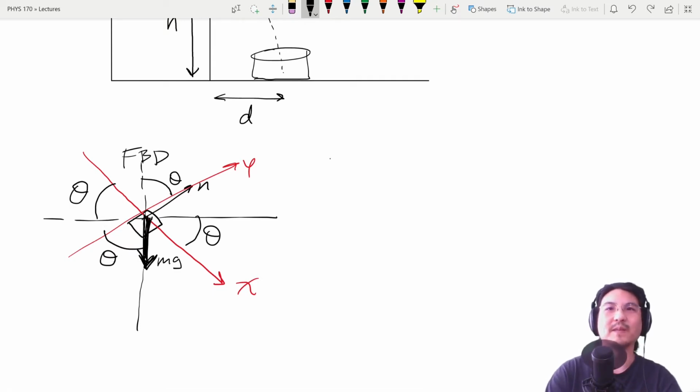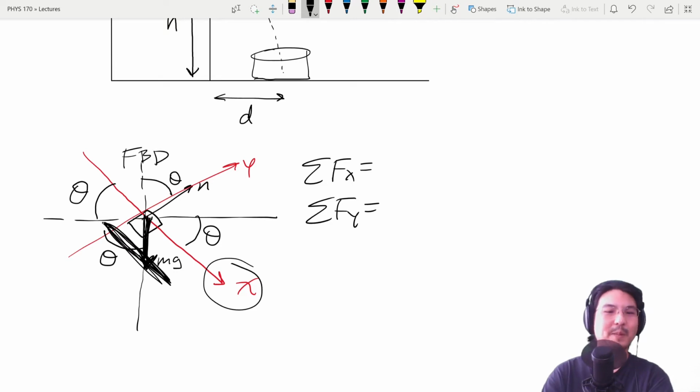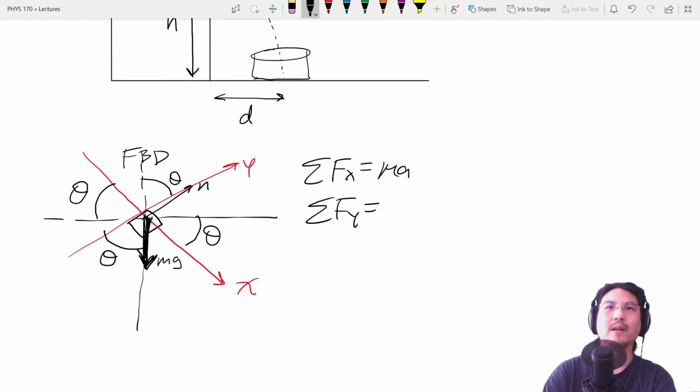If I write Newton's second law decomposed in the x direction, the x component of the weight is opposite the angle. So in the x direction, mg sine theta, and the x component of the normal force is 0.